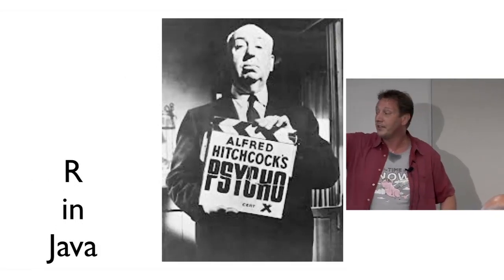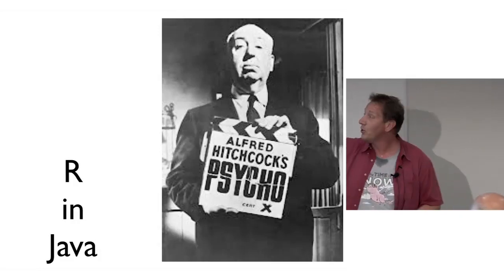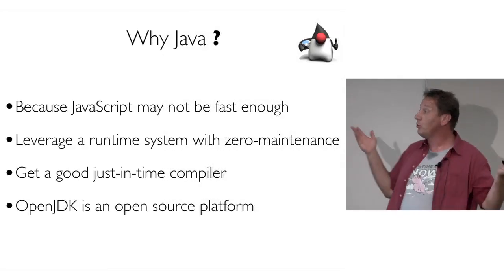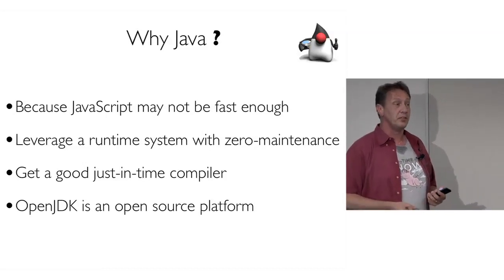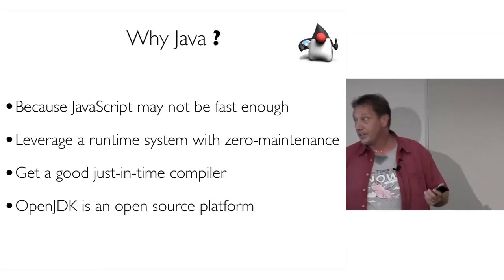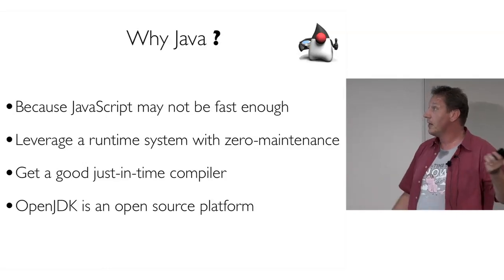This is sort of what they think of us, right? We're not completely sane because, first, why do we want Java? Well, we thought about it and we thought that maybe JavaScript was not fast enough. But on the other hand, hey, Java has a runtime system which we can leverage, and it's open source. Why not Java?